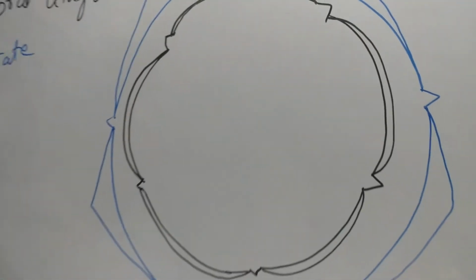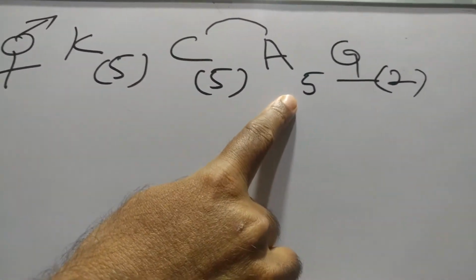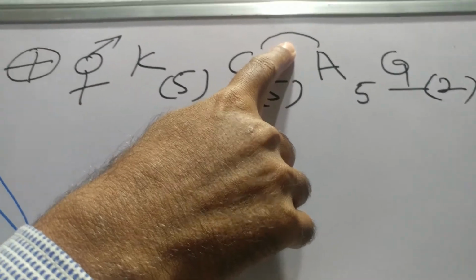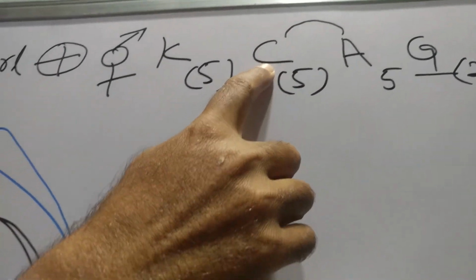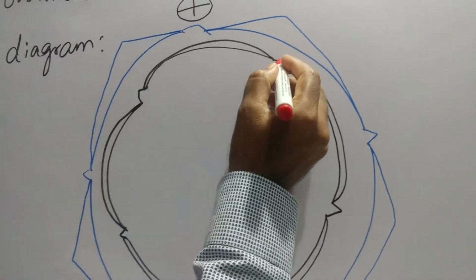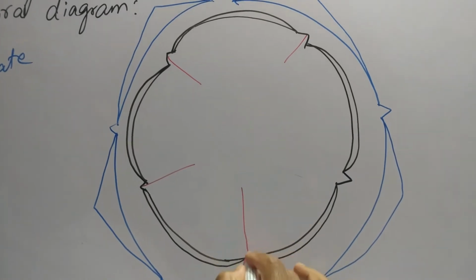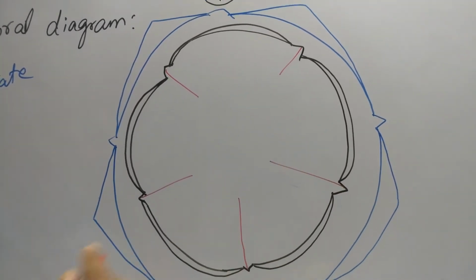Petals completed. Now we can go for stamens. How many stamens are there? 5 stamens, with epipetalous condition, in the sense that they attach to the petals. So there are 5 stamens, 5 androecium. These are the filaments completed.